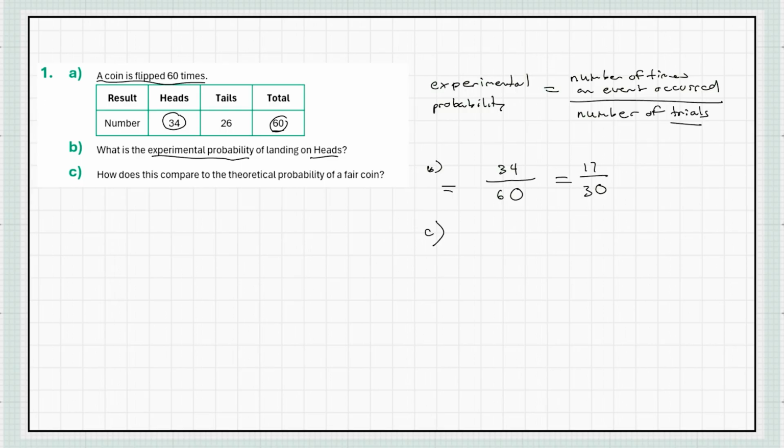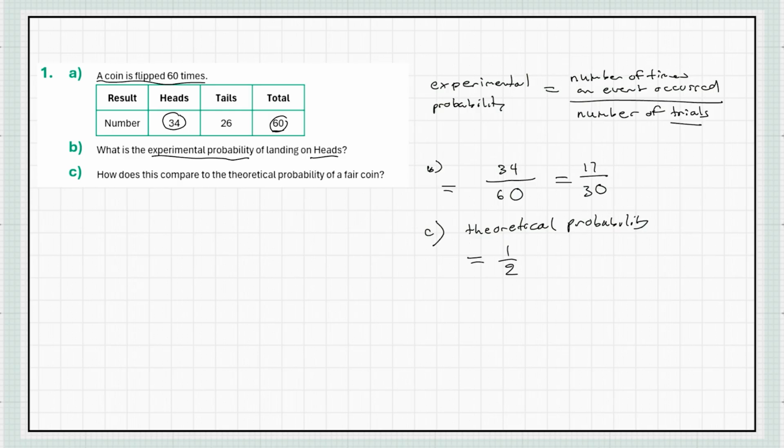So the idea behind this is that we would expect the probability over a large sample of trials to revert to very near or exactly the theoretical probability. How does this compare with the theoretical probability of flipping a coin? So the theoretical probability of flipping a coin is 1 over 2, right?